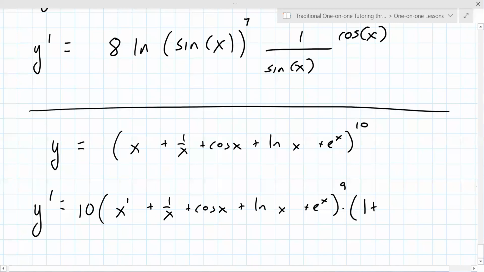Plus 1 plus the parentheses: negative x over negative 2. What's the derivative of cosine? Plus a negative sine x. Derivative of ln.